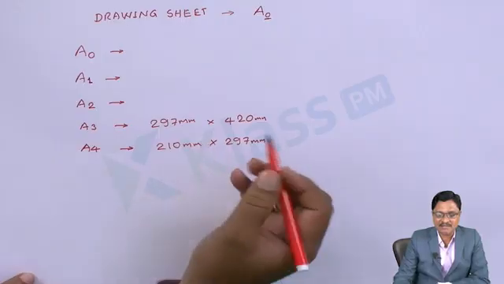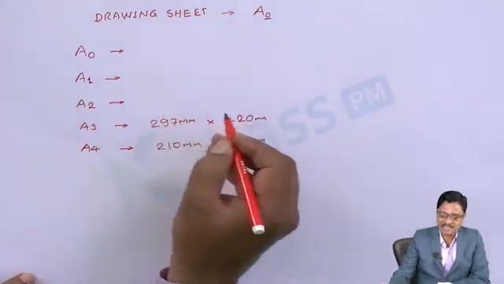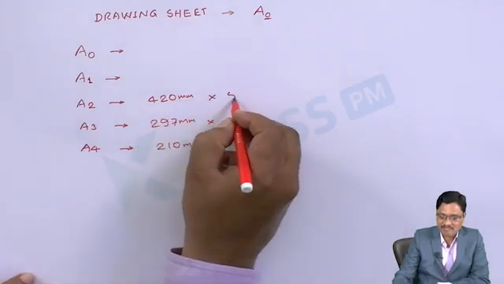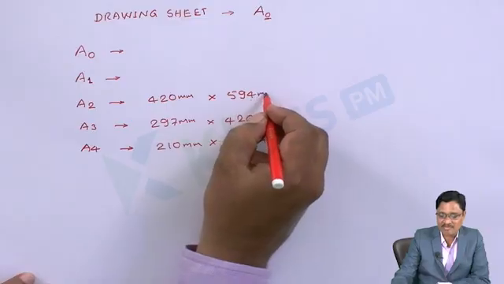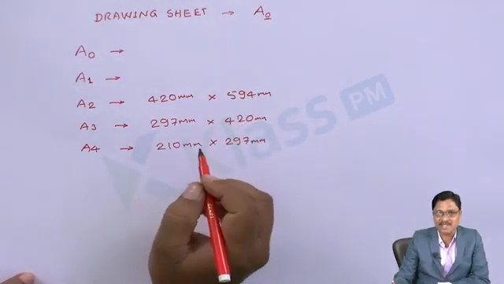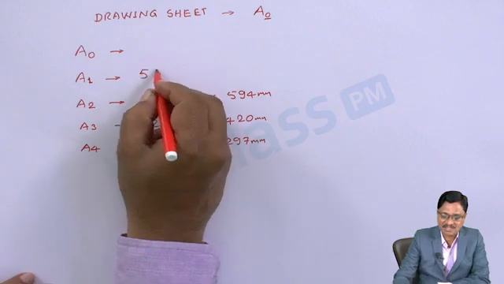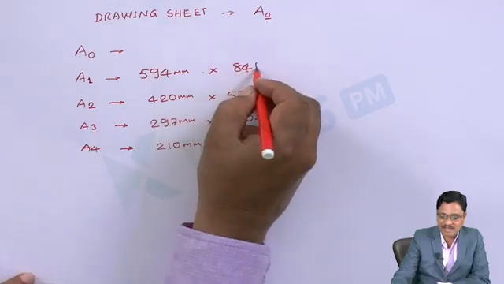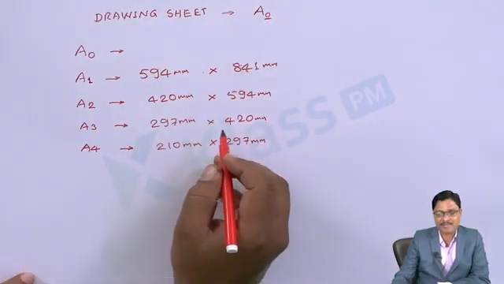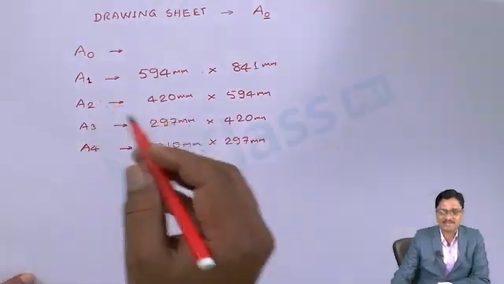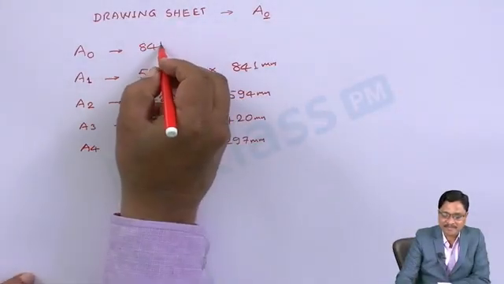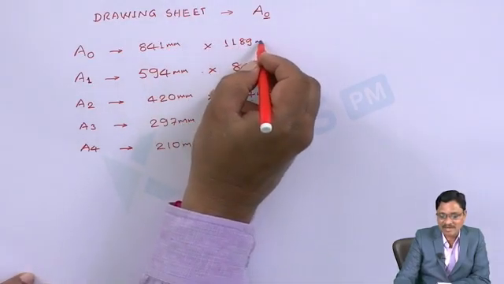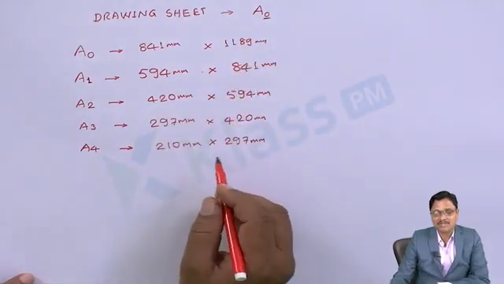Similarly A2 is 420 mm by 594 mm. A1 is 594 mm by 841 mm. Next A0 is 841 mm by 1189 mm. So these are the dimensions.